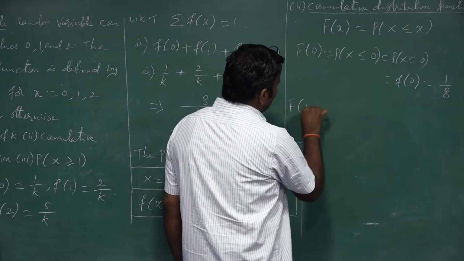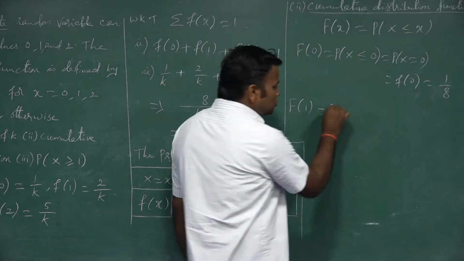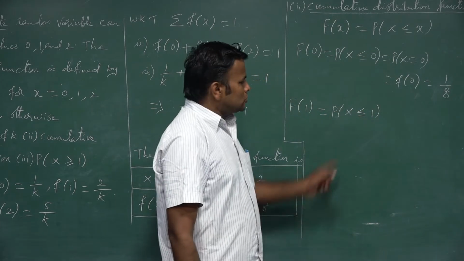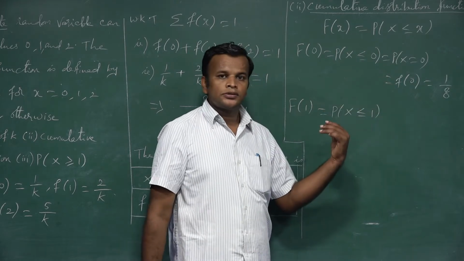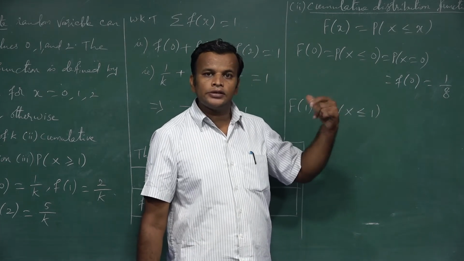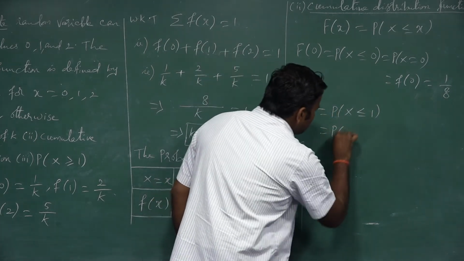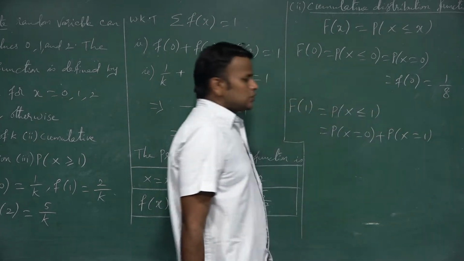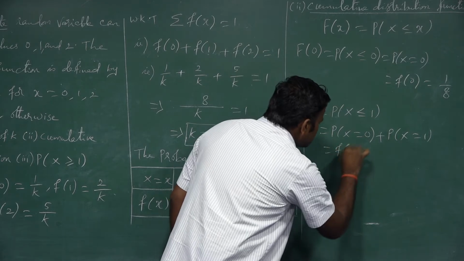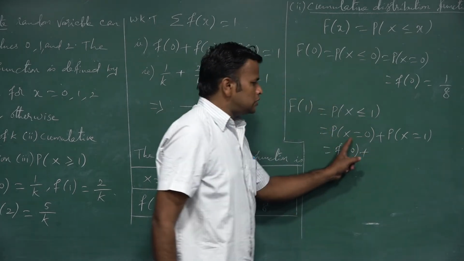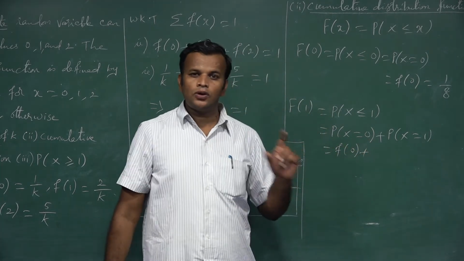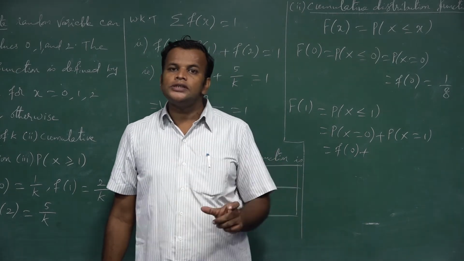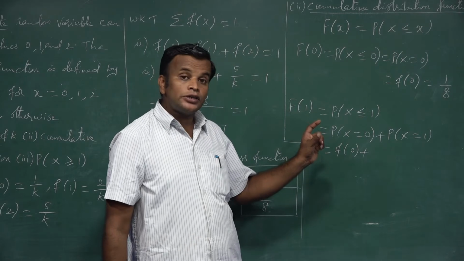Next, F of 1. We use in the formula P of X is less than or equal to 1. So the x value is 1 or less than 1. So a value less than 1 is possible here, that value is 0. So P of X equal to 0 or P of X equal to 1 is f of 0, because you know the probability mass function symbol is small letter f of x, and it is equal to P of capital X equal to small x.